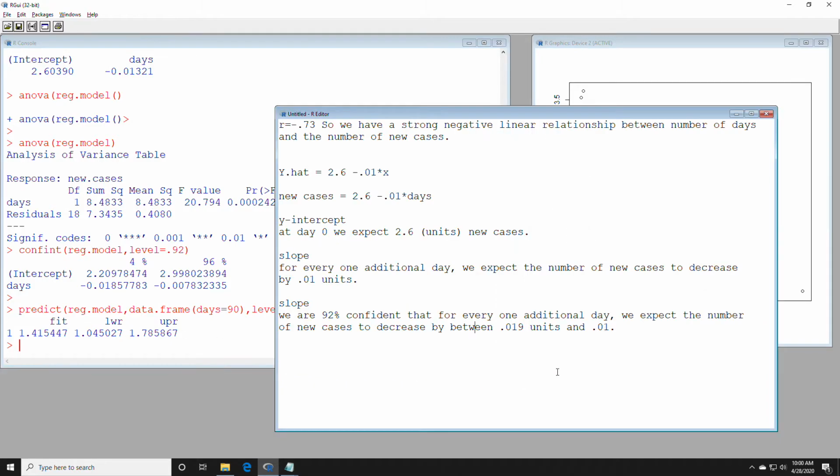So we are 95% confident that right after 3 months, at day 90, the average number of new cases will be between 1, I just put 1, it's close enough, and 1.8.